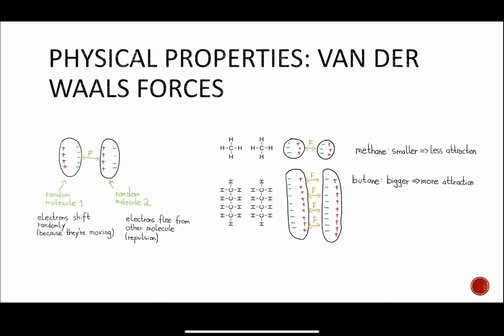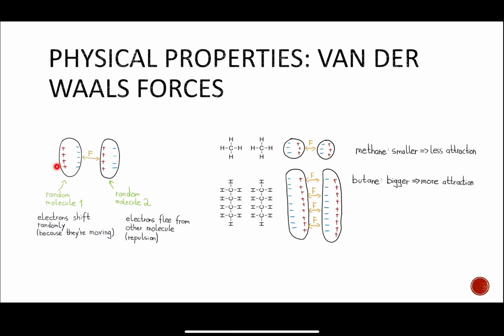And electrons move constantly, so at a certain point in time, by chance, it may be that the negative charge is shifted to one end of the molecule, for example the right side, and then we have a partial negative charge on the right side of this molecule, and at the same time, of course, a partial positive charge on the other side of the molecule where the electrons are lacking.